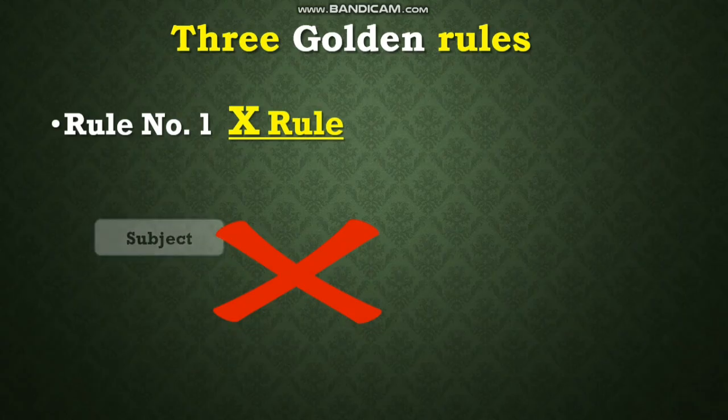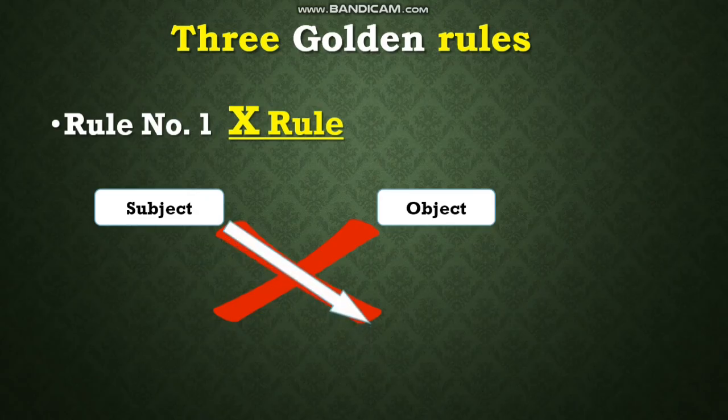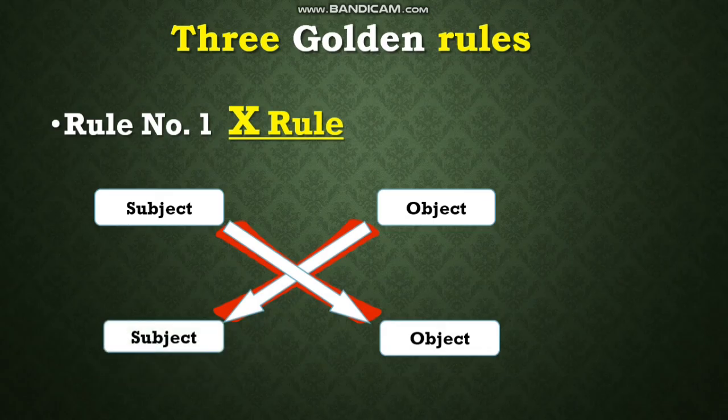Normally in the active voice, you have a subject, a verb, and an object. That means an active voice sentence has a subject and an object, as well as a verb between. This X rule says that the subject of the active voice sentence becomes the object of the passive voice sentence, and the object of the active voice sentence becomes the subject of the passive voice sentence.